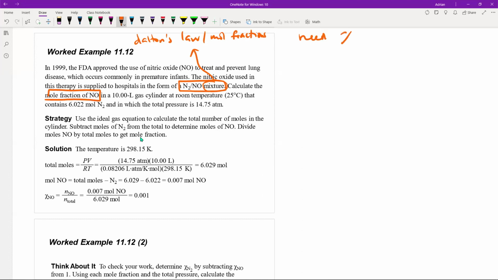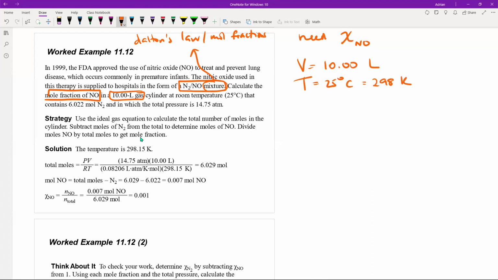We need the mole fraction of nitrogen monoxide, nitric oxide, and then we're given the volume of our cylinder. The volume of this entire thing is 10.00 liters. And then we're given a temperature of 25 degrees Celsius. We convert it to Kelvin right away, so that's 298 Kelvin.